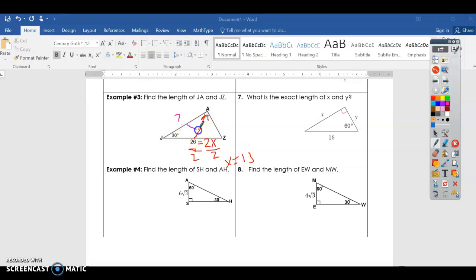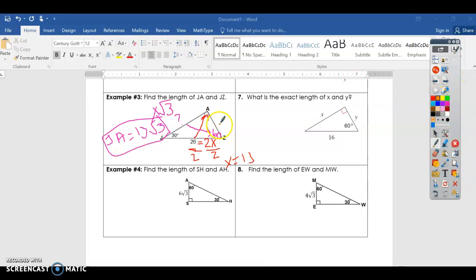Okay, so let's go back to my question mark. My question mark is across from, oh, wait, there's nothing there. Well, if I know this is 30, this is 90, that means this one has to be 60. JA is across from 60, so that's x square root of 3. I know that x is 13, so that means JA is 13 times the square root of 3.